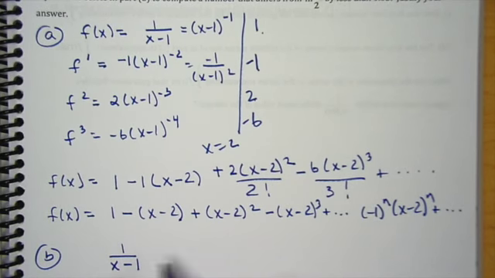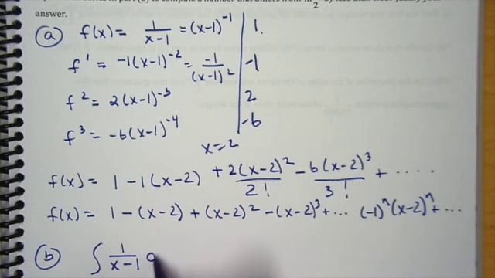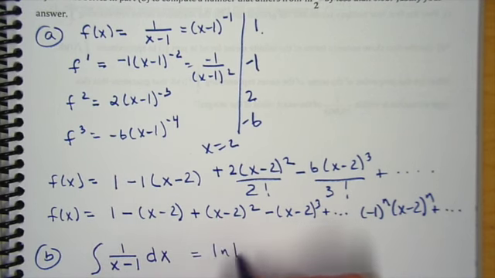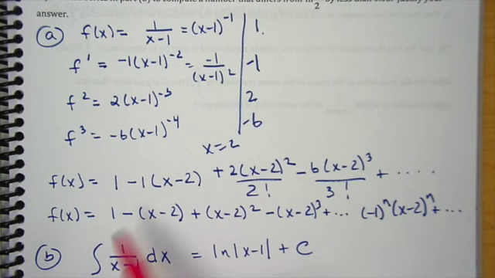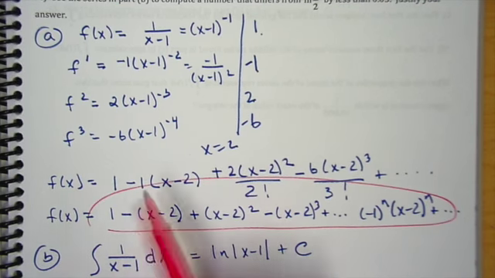What's the relationship between this and natural log of x minus 1? Well, if I take the antiderivative of 1 over x minus 1, this is natural log of x minus 1, and then I would have a plus c also. So instead of recreating all the derivatives, this is this series right here.